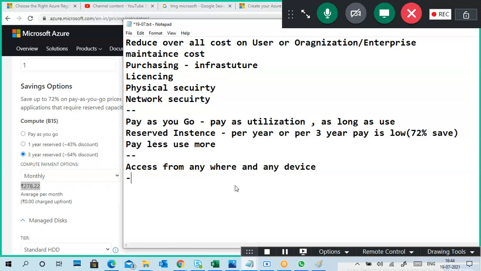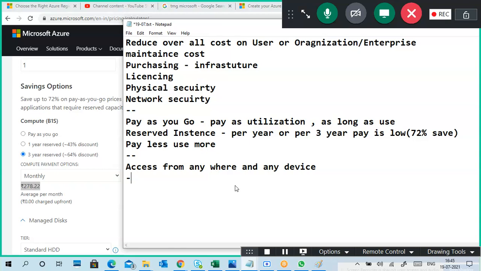You don't need to maintain the same laptop or the same desktop. Any system will do; the only thing is that when you are connecting, you have to confirm the authorization and access, like access keys and such. So we can access from anywhere, and any device is also possible, like tablets. I'm not saying mobile phones, but certain services you may be able to use from a mobile phone also. Tablet-based systems, laptops, desktops we can access, not a TV.